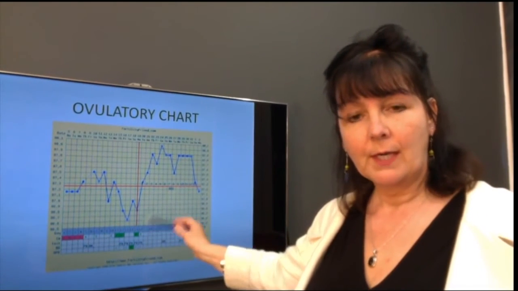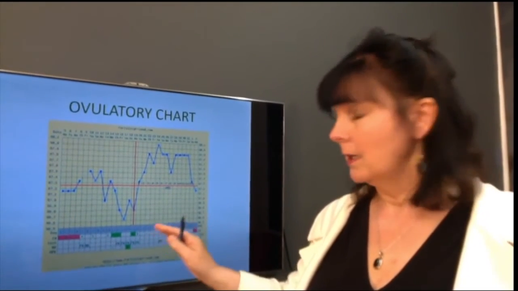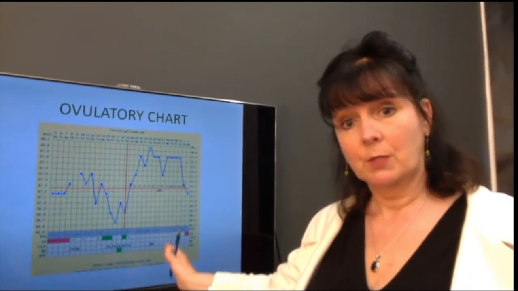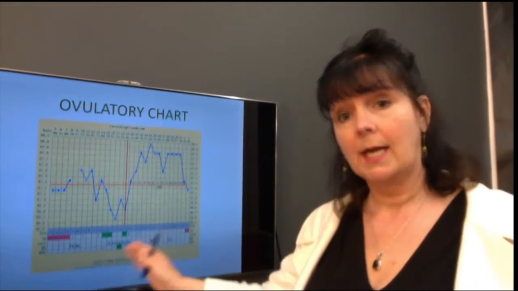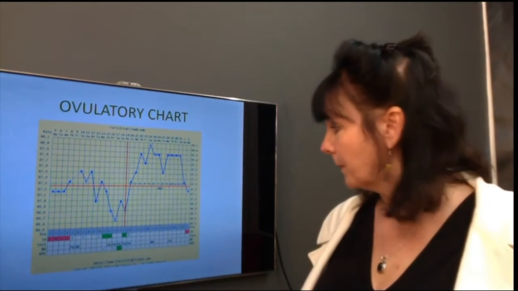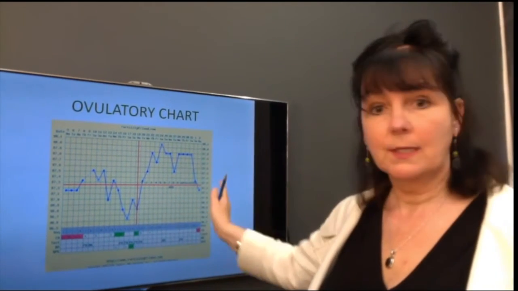Now that works fine, because if they have sex around that time, the sperm are going to survive, but sometimes you'll see it afterwards, by which time it's too late. So it actually highlights how ineffective ovulation predictor kits are. All right. So that's a great chart that shows clear ovulation, so it's brilliant.